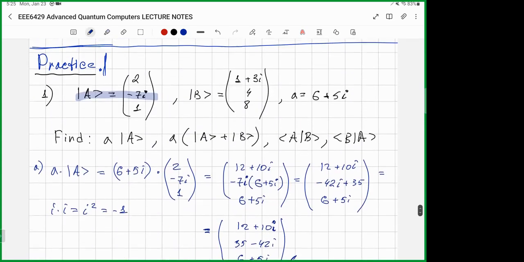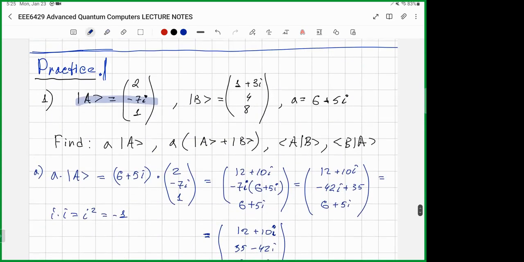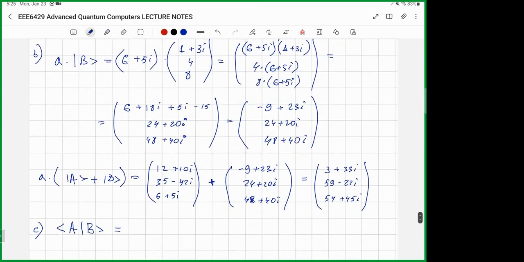This vector A in the ket representation, we have to rewrite in a bra representation, meaning that we have to take the transpose of this vector, basically write this as a string of numbers, and complex conjugation. So this second component minus 7i will change to 7i.